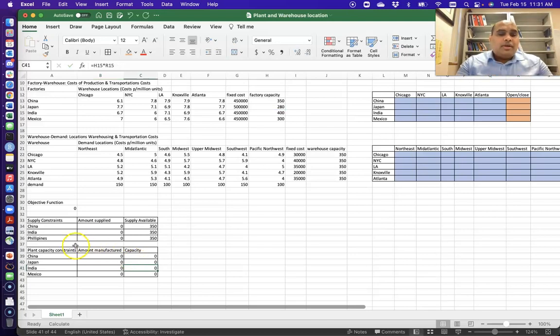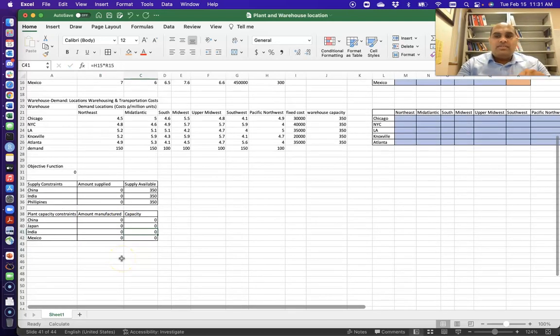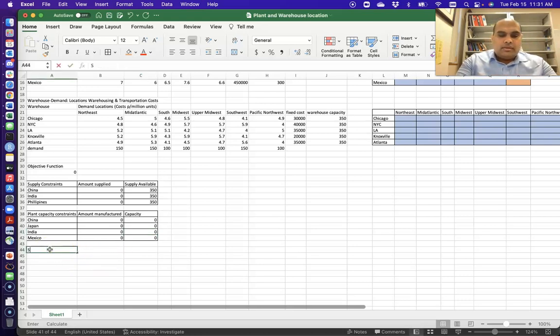Now, once we have the plant capacity constraints, let's write the transshipment constraints going from supplier to plant and then to warehouse. So I'm going to write supplier, plant, warehouse, transshipment. So I'm just going to call it supplier, plant, warehouse. Why not?